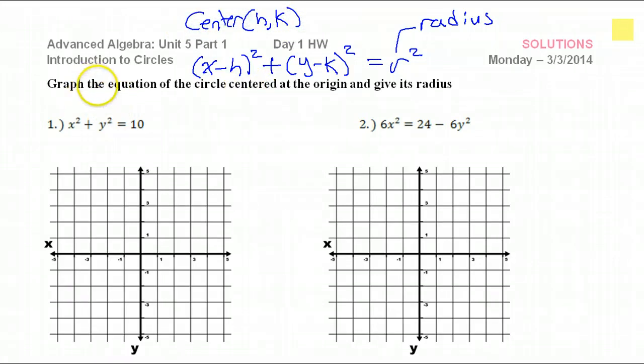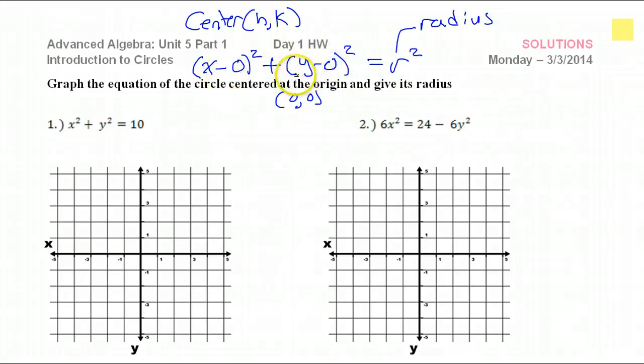Okay, now in the homework today, the circle is centered at the origin. That means the center is the point (0, 0). If I put zeros in for the h and k, what happens? I've got x minus 0 and y minus 0.